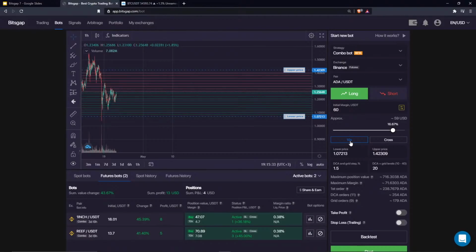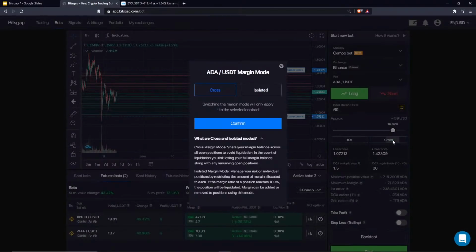But the side effect of borrowing these extra funds is that your risk also increases. And that's why we have these margin requirements, and this cross or isolated mode.